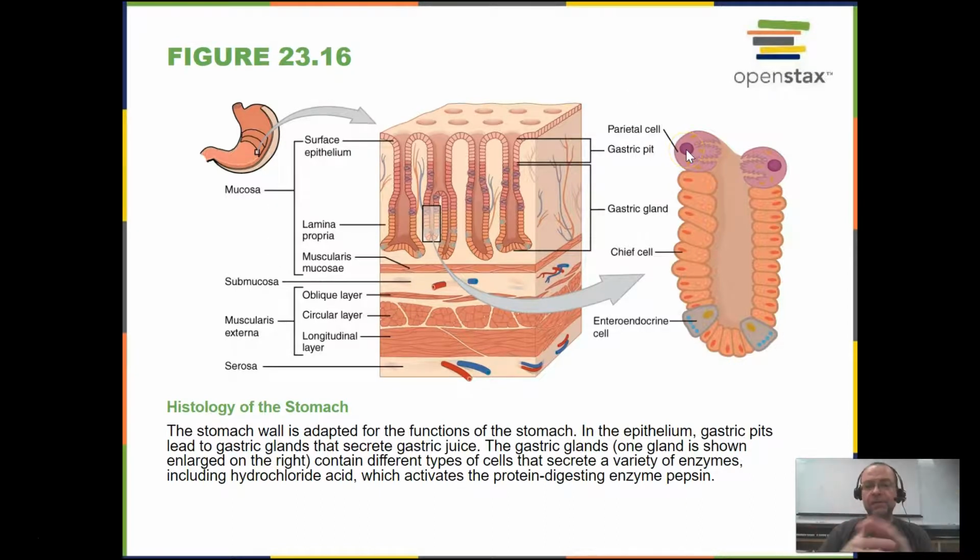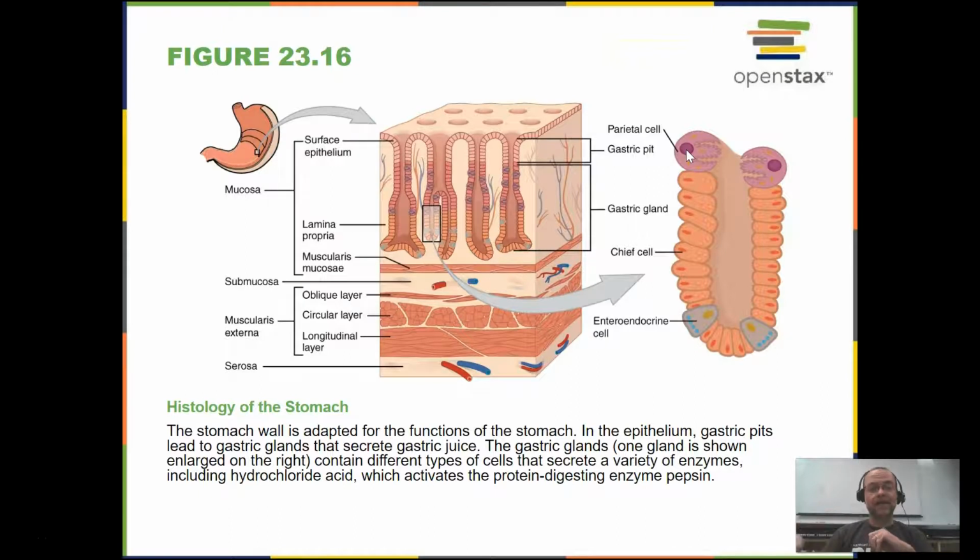So parietal cells produce hydrochloric acid, HCl, and chief cells produce something called pepsinogen. Anything that ends in -ogen is generally what we call a precursor. So pepsinogen is a precursor to the enzyme pepsin. It needs to be activated though, so it doesn't actually work as an enzyme until it's activated.